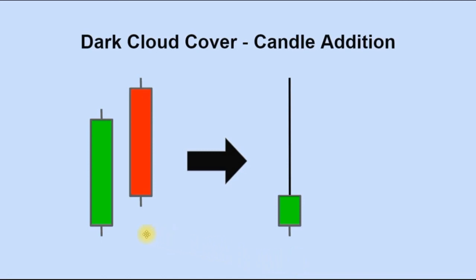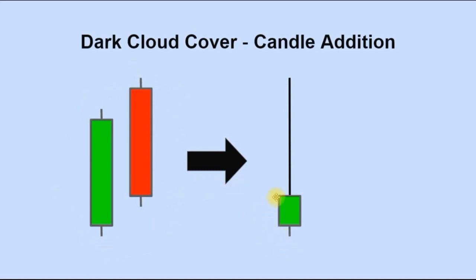Our first green candle opens here, goes to the low here, and then to the high here, and then closes here. The second candle gaps up and opens here, goes to the high and then to the low, and then closes here. All of this movement is represented in this one candle here on the right.